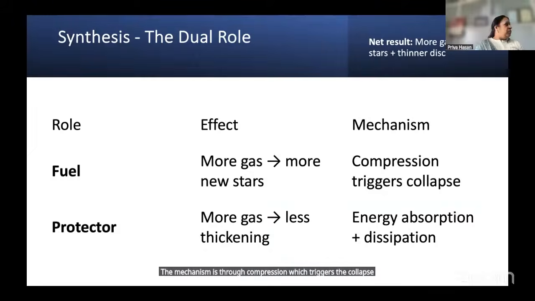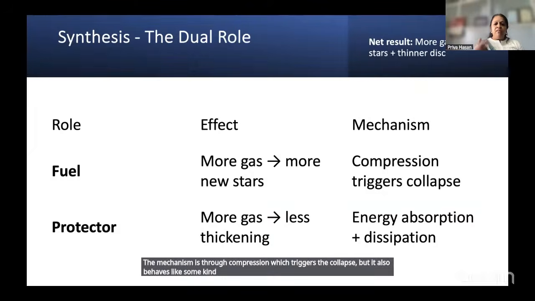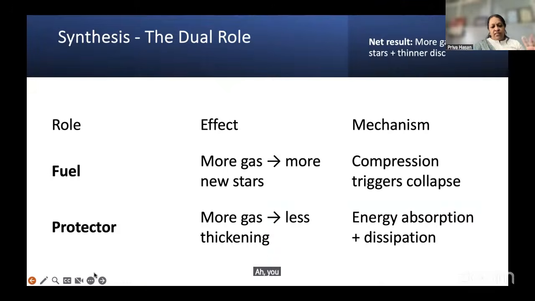But it also behaves like a protector: if you have more gas, you'll have lesser thickening. The mechanism doing this is energy absorption and dissipation, due to which the disk gets thinner.